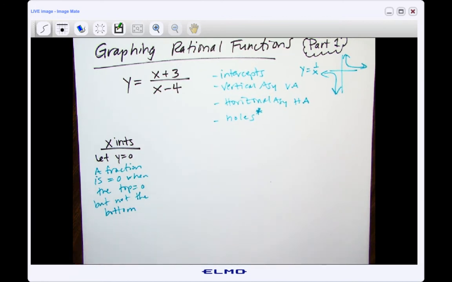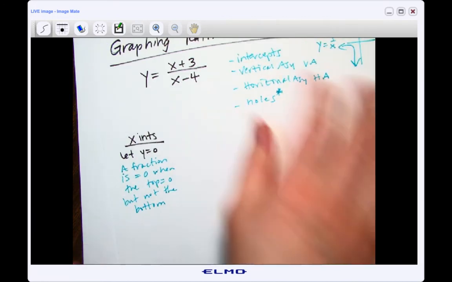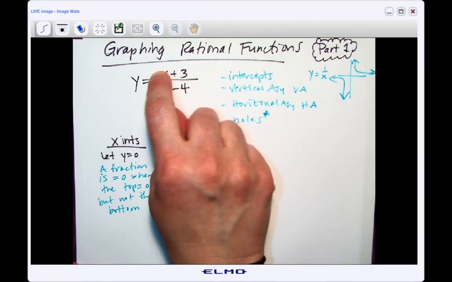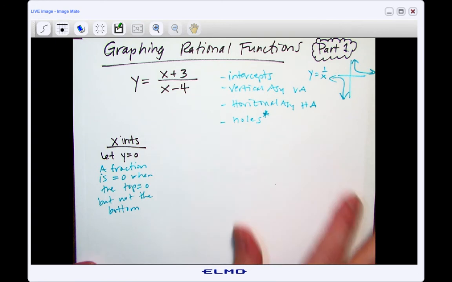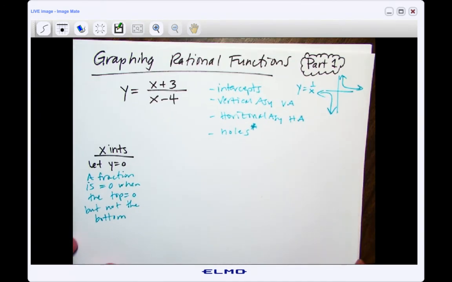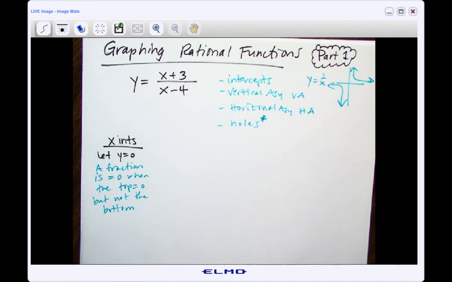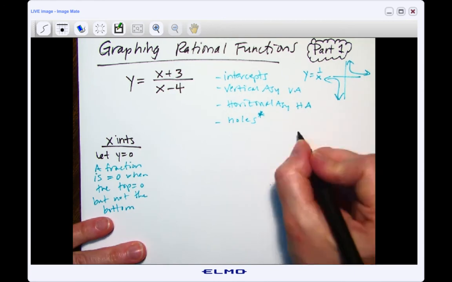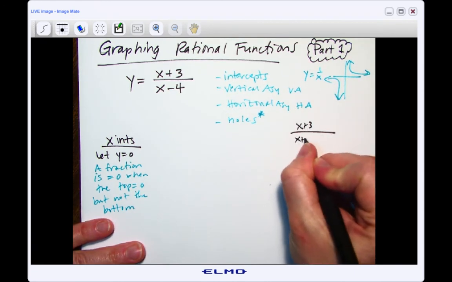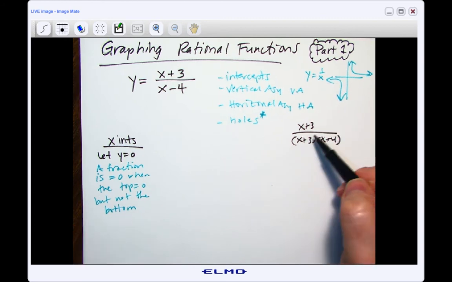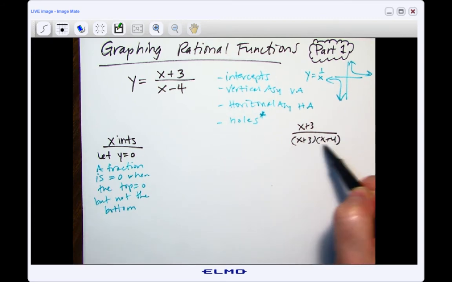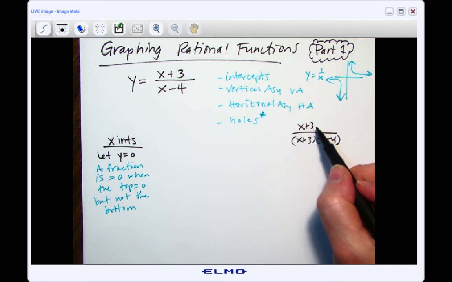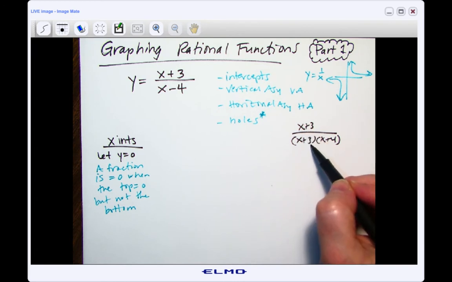So what does that mean? In this case, we want the numerator to be 0, but the denominator to not be 0. If they both are 0, then the fraction is not equal to 0. It's undefined. So what am I talking about? If I had this, -3 would make the bottom equal to 0, and it makes the top equal to 0, so we feel like the fraction would be equal to 0, but because it makes the denominator 0, it doesn't actually make the fraction equal to 0, it makes it undefined.